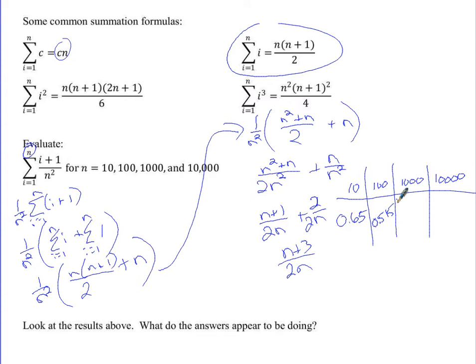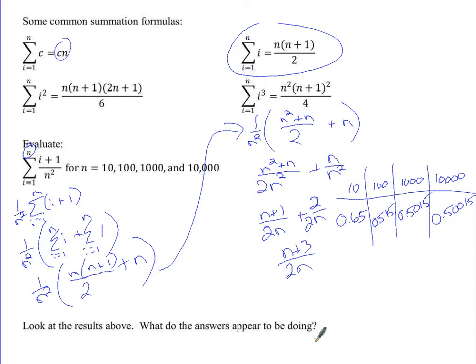And then for 1,000? 0.5015, okay. And then for 10,000? 0.50015. Okay.